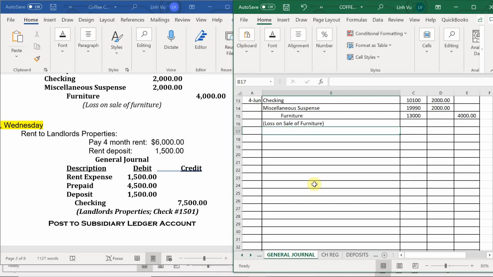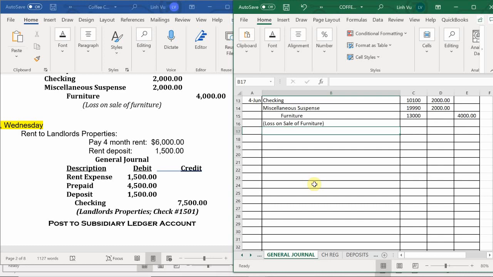So we're looking at rent expense for the current month, prepaid rent, and the rent deposit, for a grand total of $7,500. In this case, we even wrote a check to Landlord Properties.